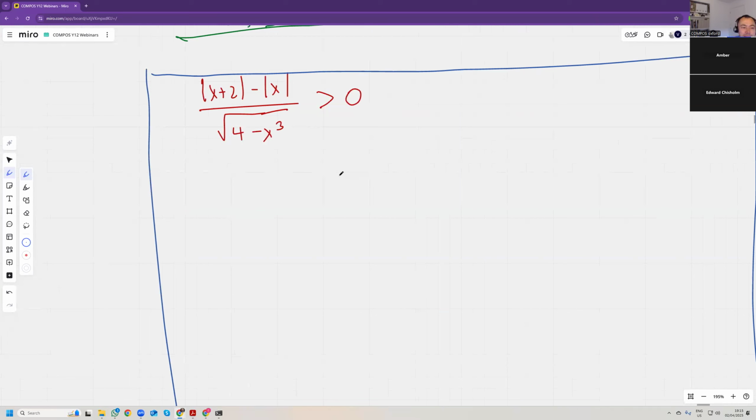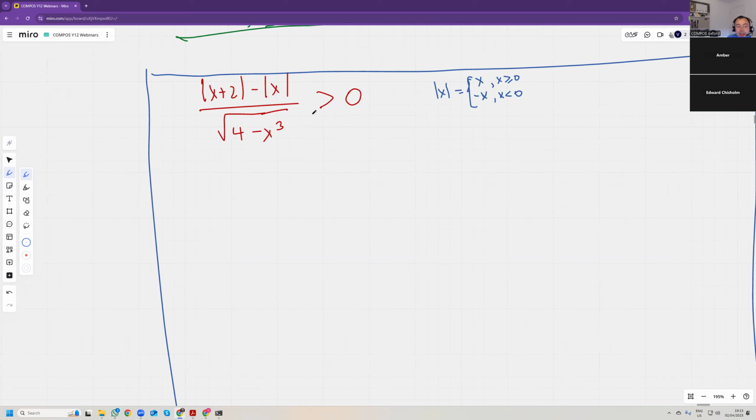Normally I would say, well, modulus of x is either x or minus x, depending on the value of x. So if x is positive, it's that, and if x is negative, it's that. But that will actually make it much more complicated. So what I would suggest doing here.